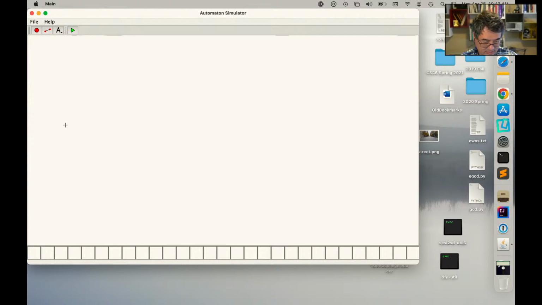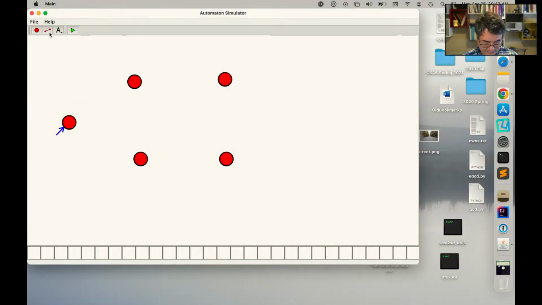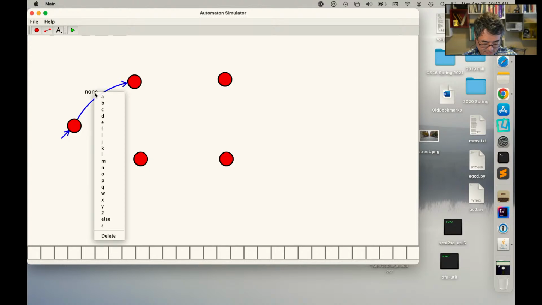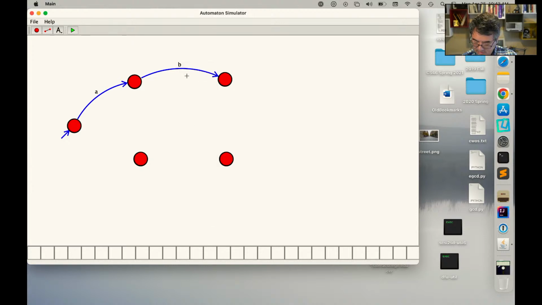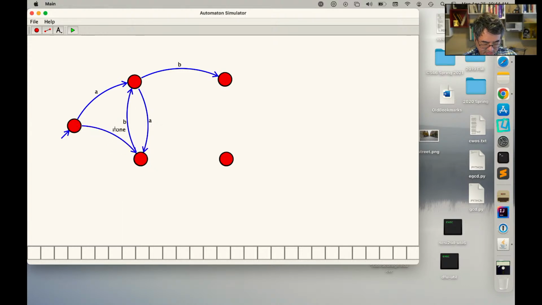And then here's another one that we did. This one is A, this one is B. And we've got A over here, and B this way. This was B down here.